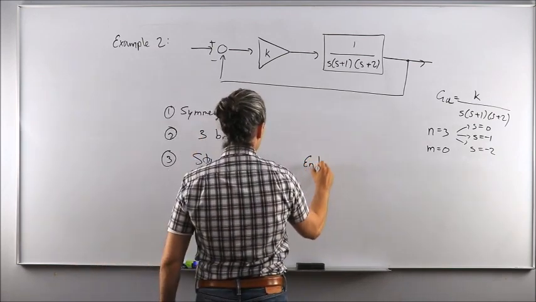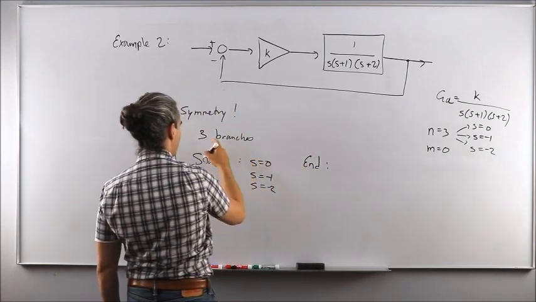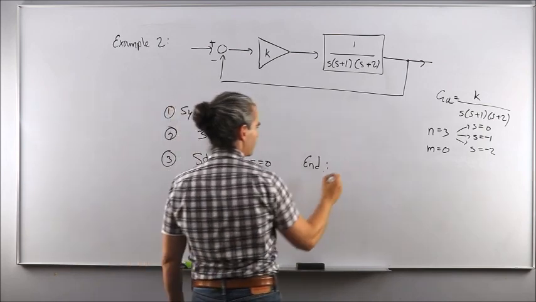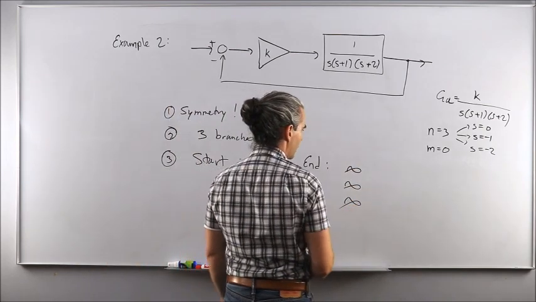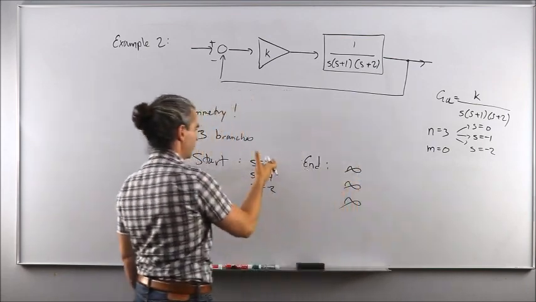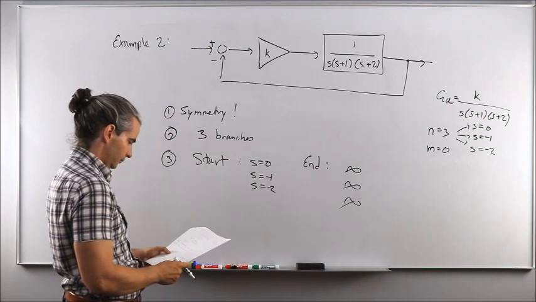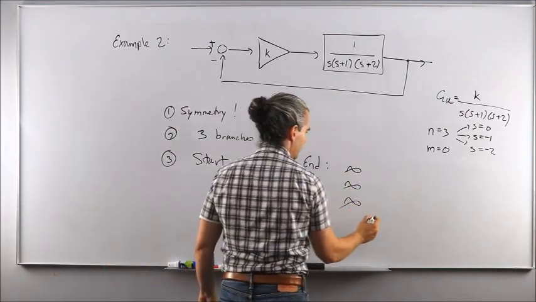Where do they end? My 3 branches. Well, the end points for my branches are all going to be infinity. Why? Well, because I don't have any zeros to catch any of those poles. And that tells me that I've got 1, 2, 3 asymptotes.